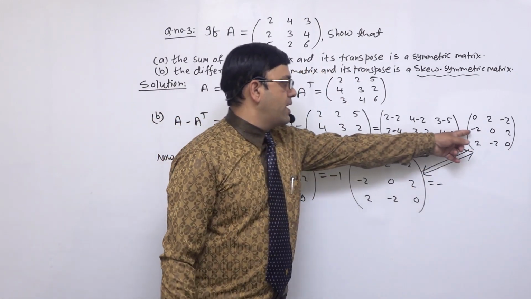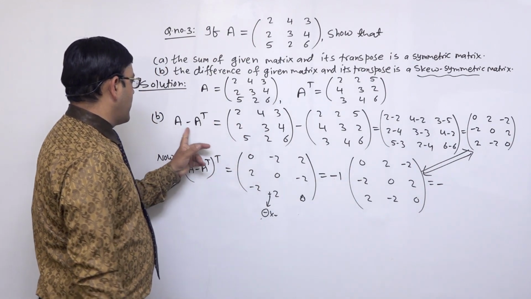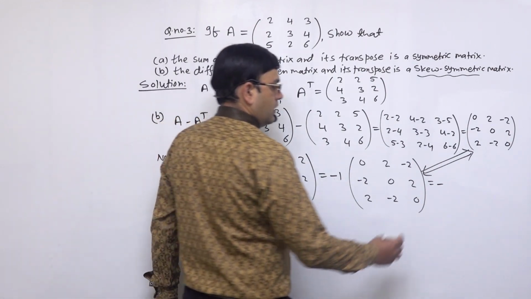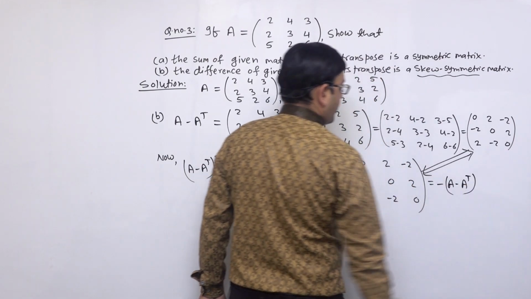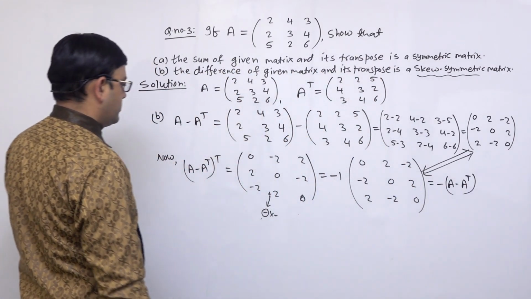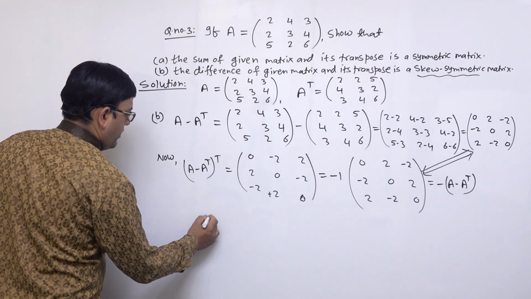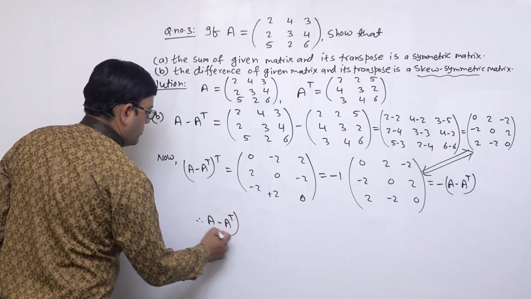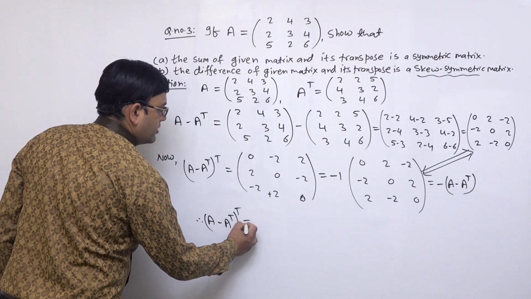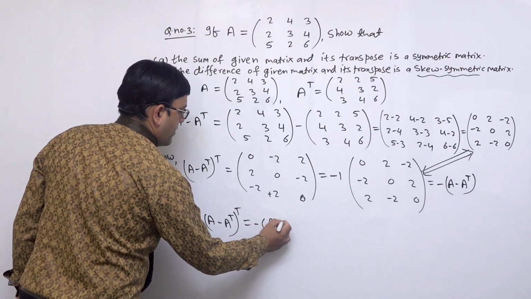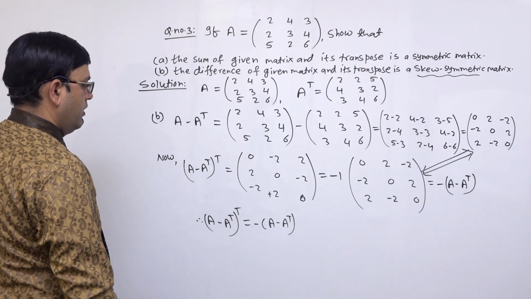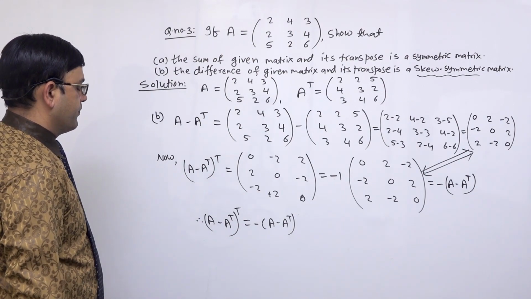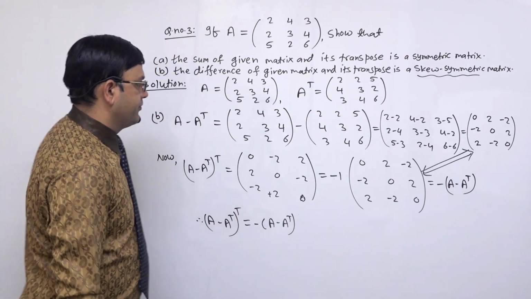So it means this is the A minus A transpose matrix. Therefore, the transpose of A minus A transpose is equal to minus times the A minus A transpose matrix. So these two are equal.